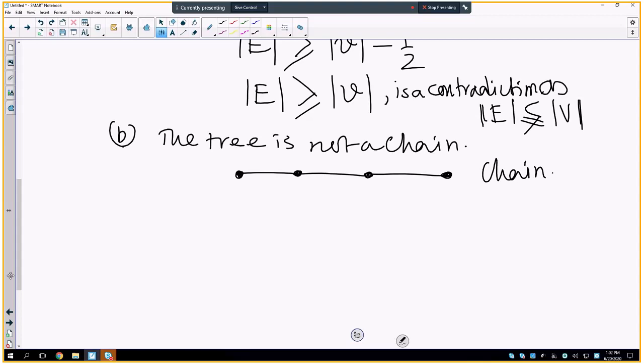So remember, if you have 2 vertices, then the only tree is a chain. So this is always a chain. If you have 3 vertices, then the only tree is a chain.